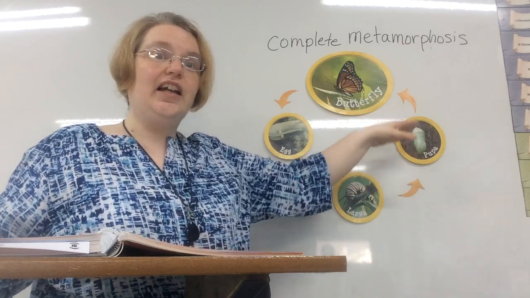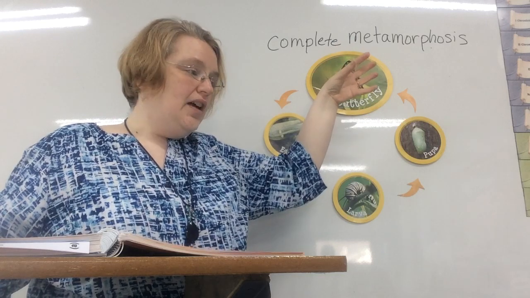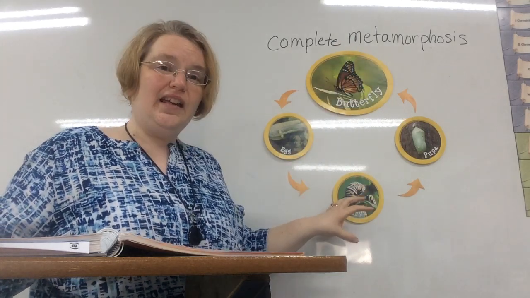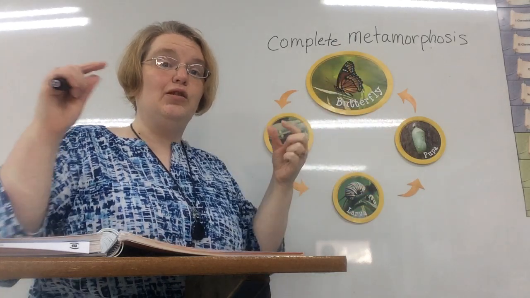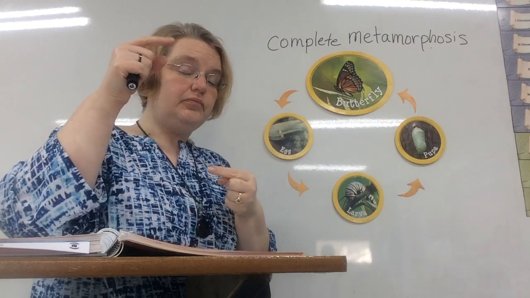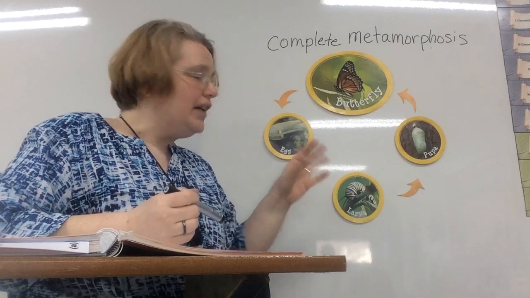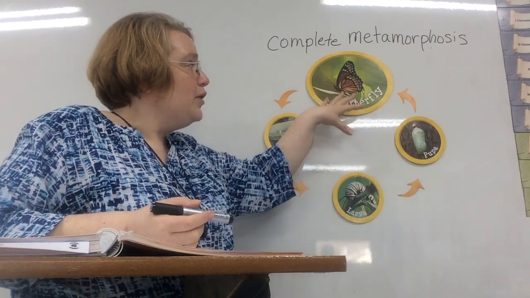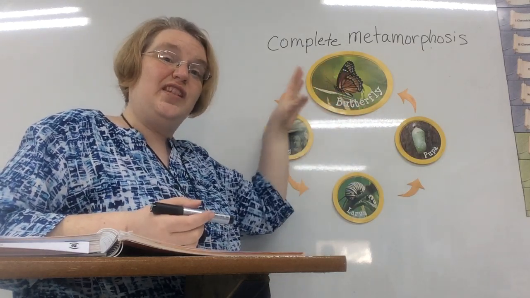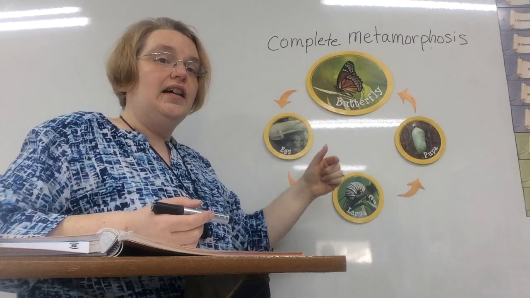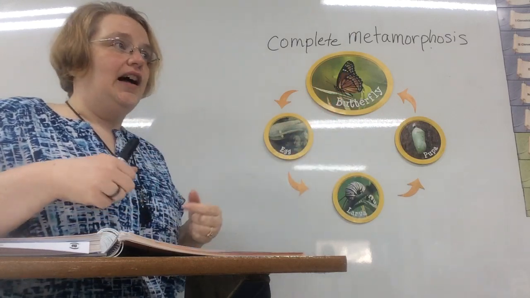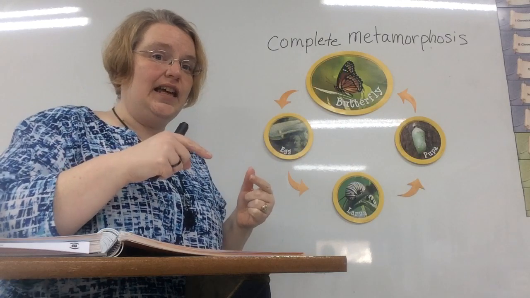And it does a lot of changing. It goes from a worm-like creature, and it begins to form into those different body sections, the 3 body sections, because it's an insect. And when it's ready, like I said, it emerges into another adult. And if it's a female, it will begin laying its eggs over again, and the cycle begins again.